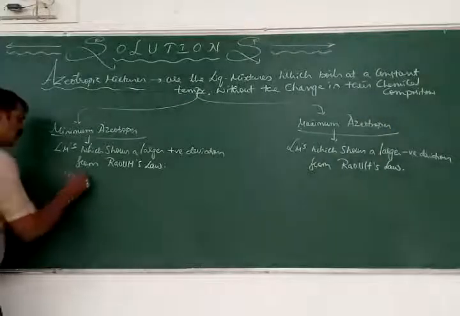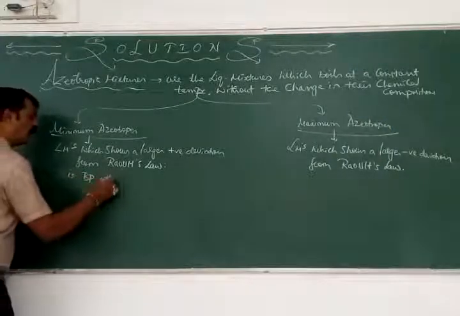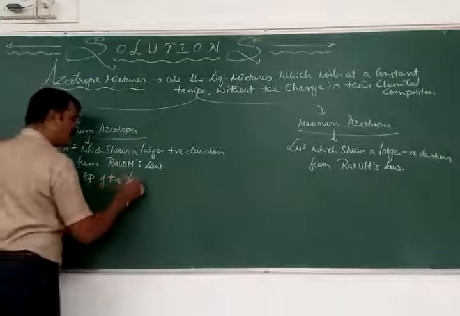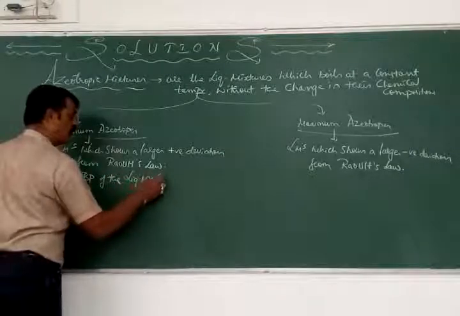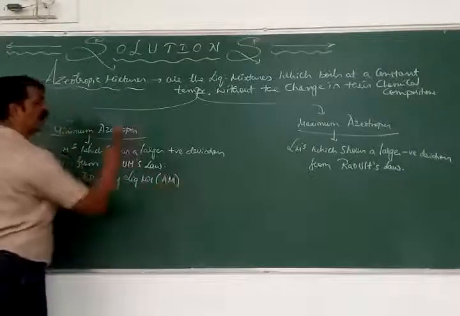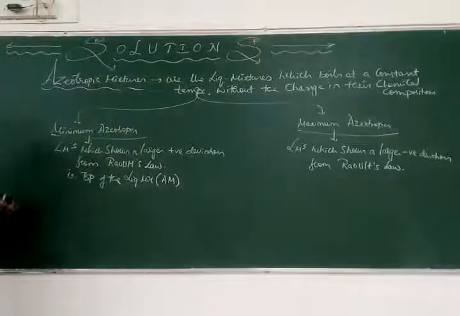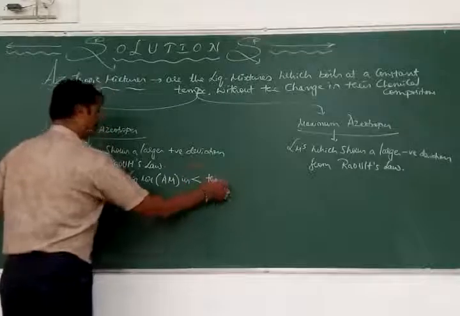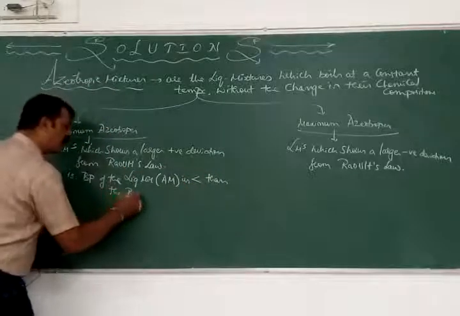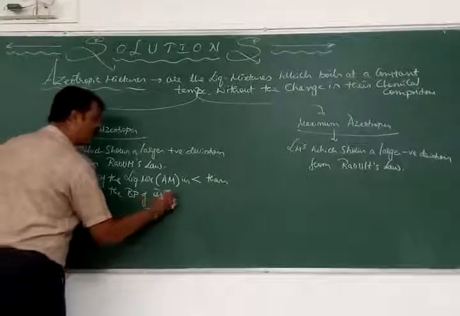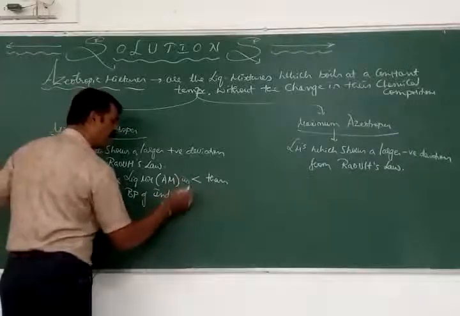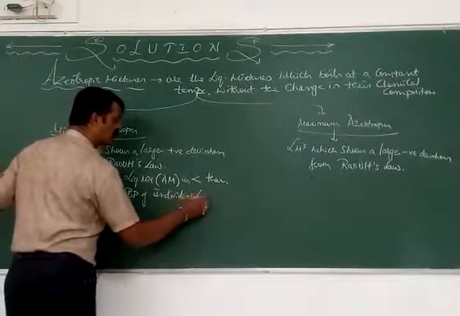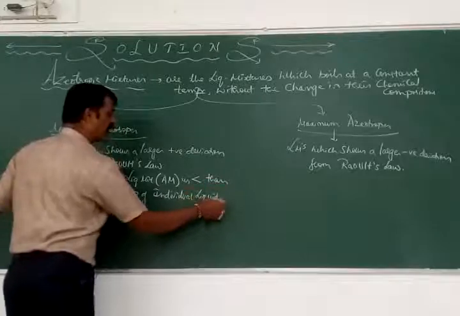The meaning of minimum azeotrope is that the boiling point of the liquid mixture, the azeotropic mixture, is less than the BP of the individual liquids.